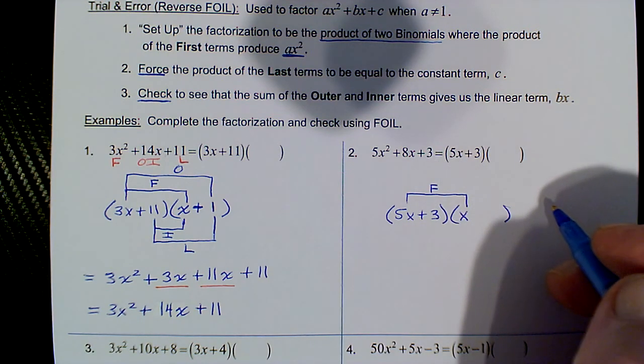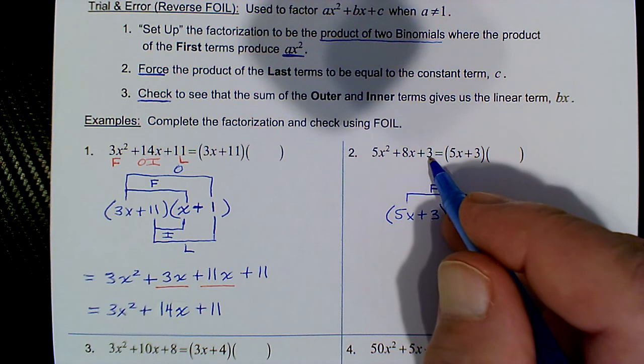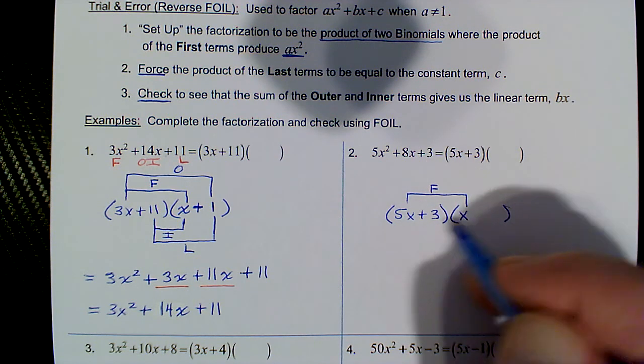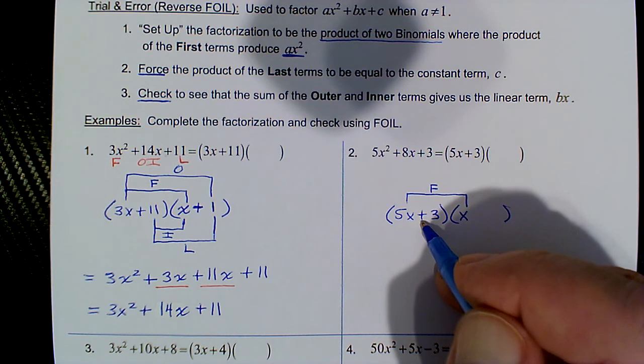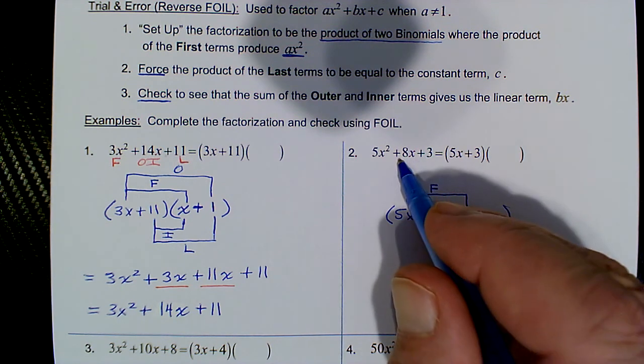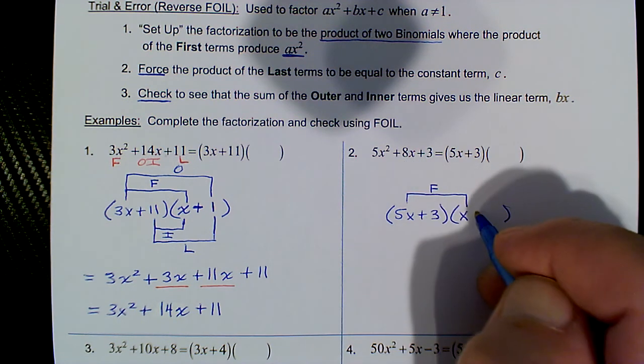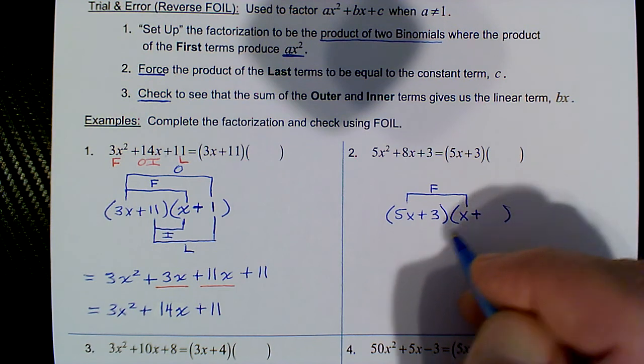And then similarly, with the signs, this is a positive 3, so these signs in the binomials must be the same. And since this middle term is positive, this sign must be positive as well.